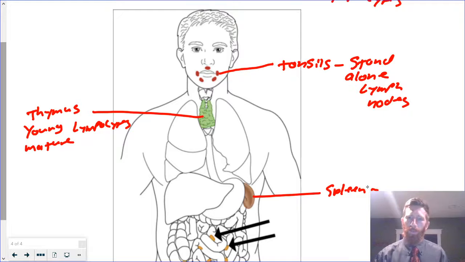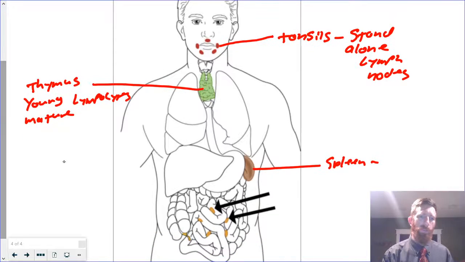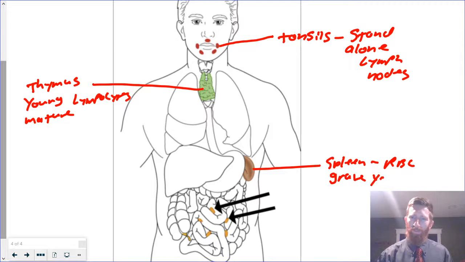All right, then moving down here, this is the spleen. So the spleen, it has lymphocyte activity, obviously, because it's listed in this diagram. But the main thing that I want you to remember about the spleen is it is the red blood cell graveyard. It's kind of like the liver in a lot of ways, actually. It stores blood. The liver also stores blood.